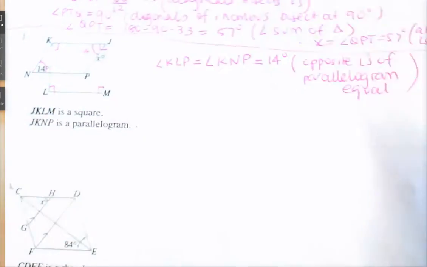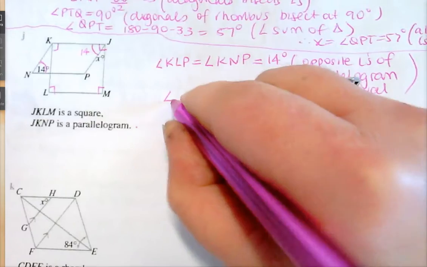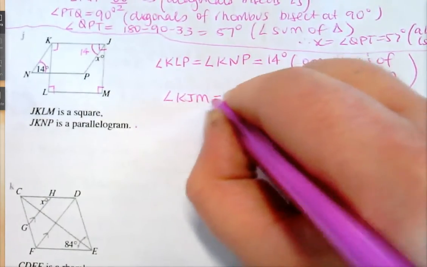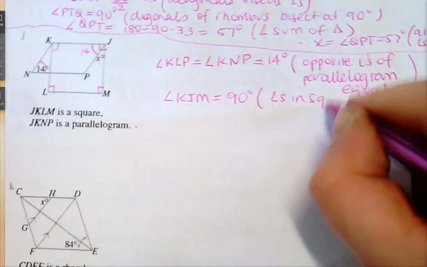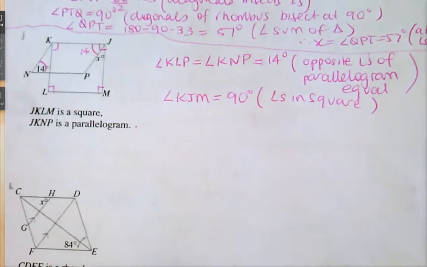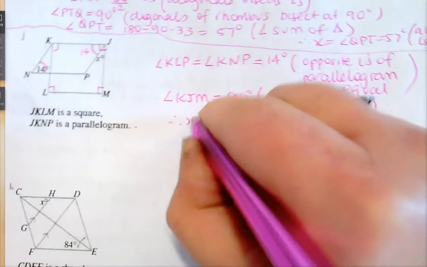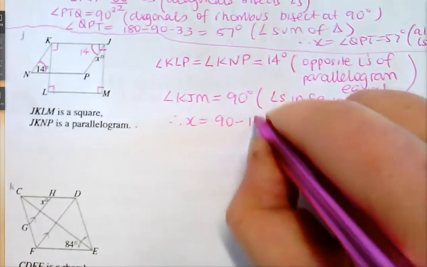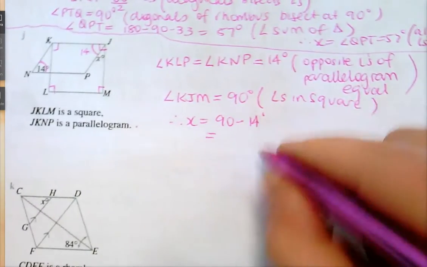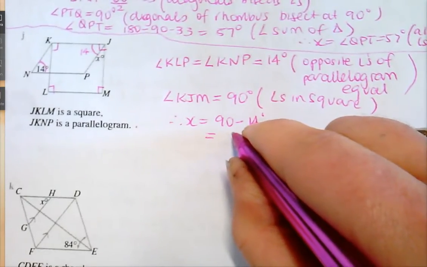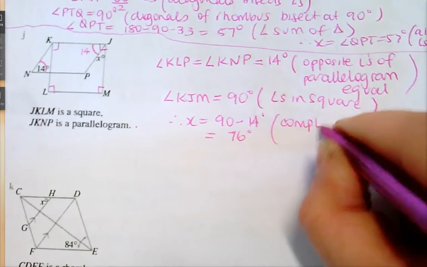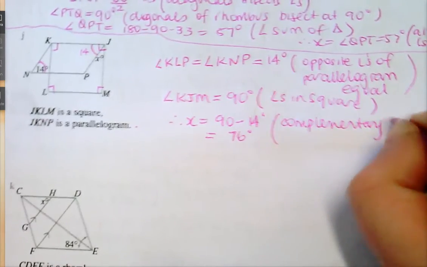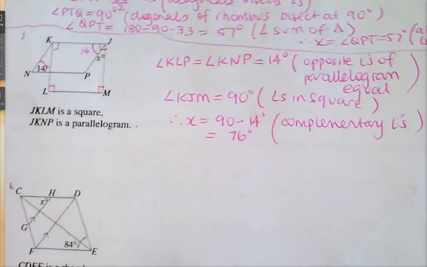That's 14, okay? We also know that angle KJM equals 90 degrees because angles in a square are 90. So therefore x is just 90 minus 14, which is 76. Reason: angle sum of a right angle, complementary angles, anything like that. So that one actually wasn't too bad.